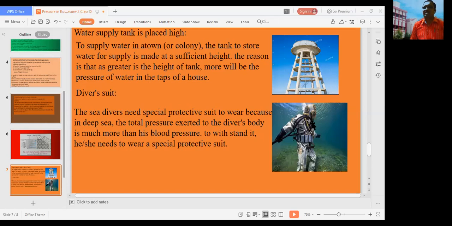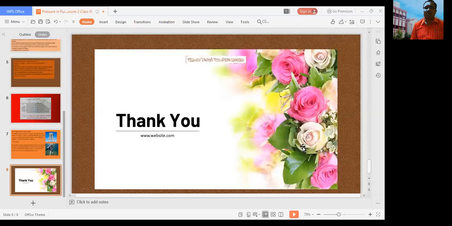So he or she needs to wear a special protective suit that safeguards their body from the outside pressure. The blood pressure inside the body is different from the total pressure exerted from outside. For that reason, a protective suit is used to safeguard from the outside pressure.